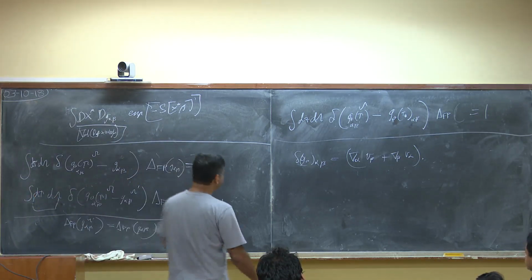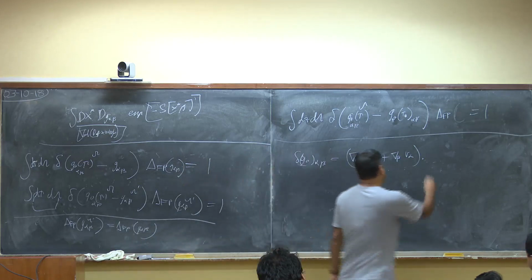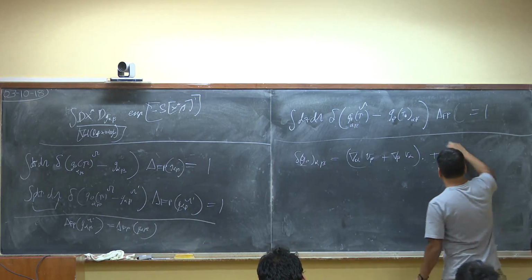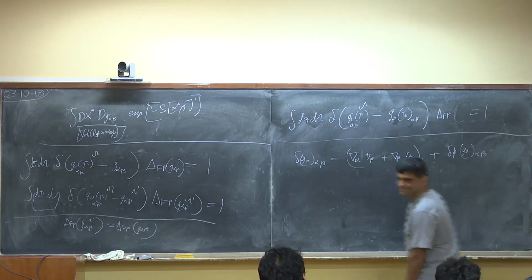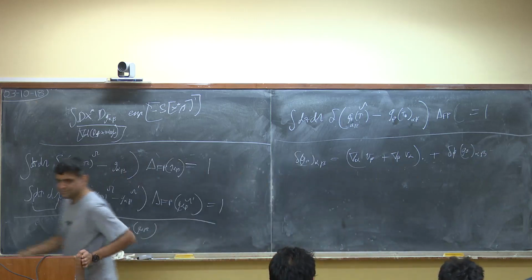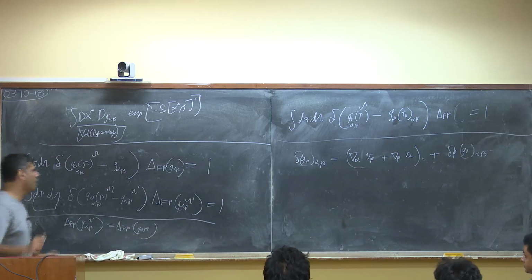And how does G change under an infinitesimal Weyl transformation? Clearly, plus delta phi G naught alpha beta. All good?